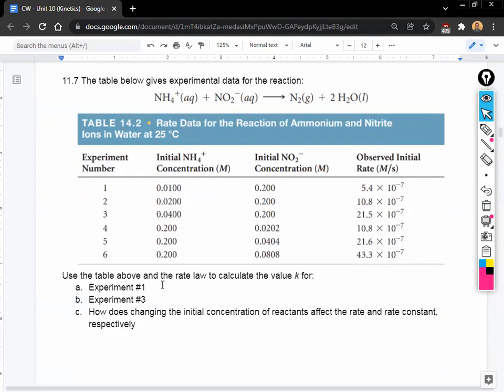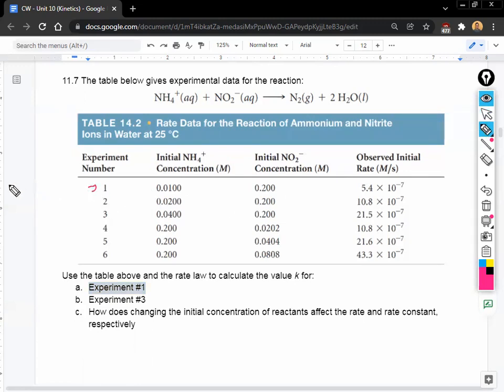We're going to do part A. I want you to take about 3-4 minutes to look at the data. I want you to calculate the value of K, from the rate law that we looked at earlier, for experiment 1. Experiment 1 is right here.